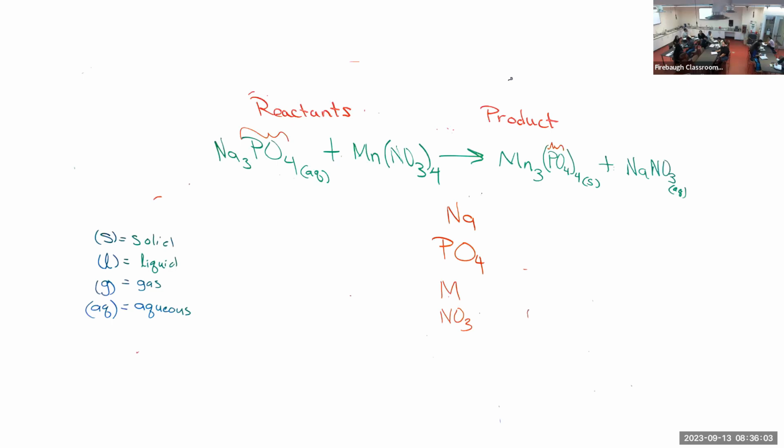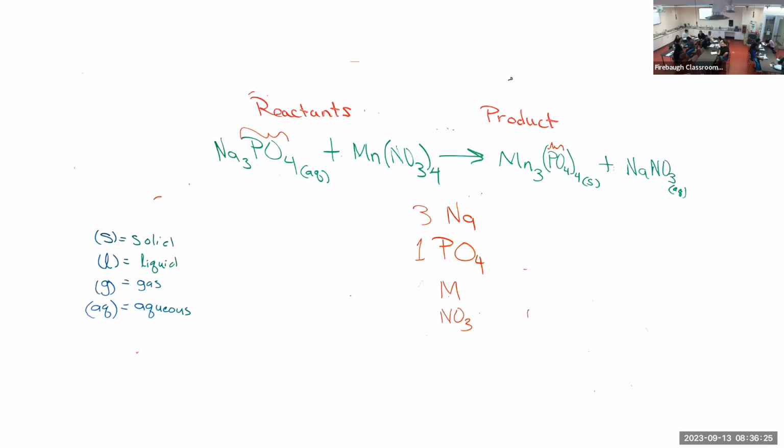Okay? So then if I go through, how many sodiums do I have on my reactant side? 3. I have how many PO4s here? 1. Right? I have how many Mn here? Manganese. I have 1.